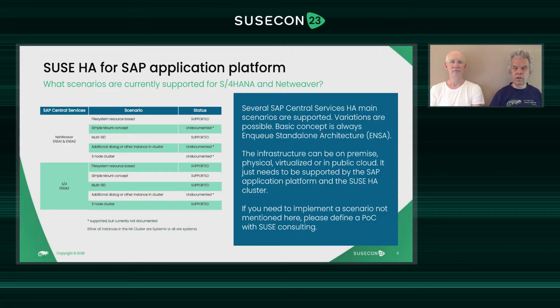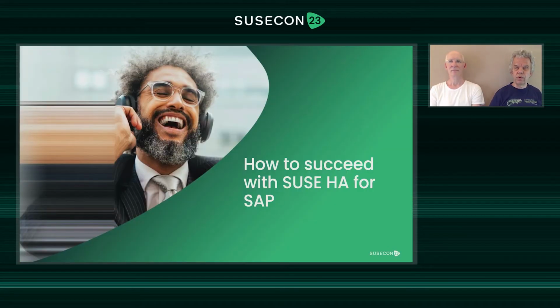So this is a more modern way to synchronize the locks, and with that, this is more like a default or a favorite installation for S/4HANA. For NetWeaver, it's more an option. It could be used if you want to solve the problem of a majority maker in the cluster. And with that, we could proceed on how to succeed with SUSE HA for SAP.